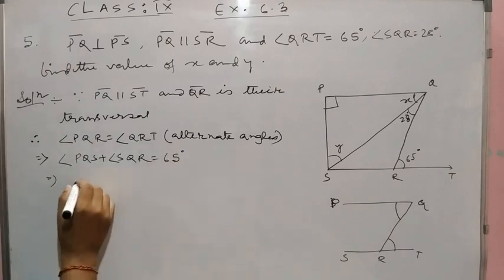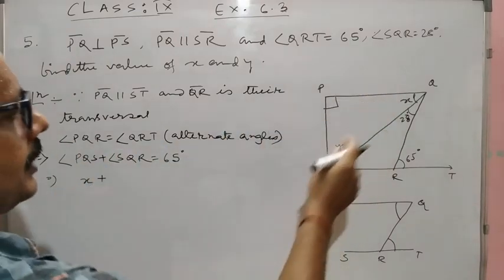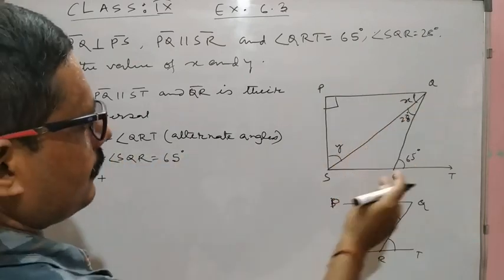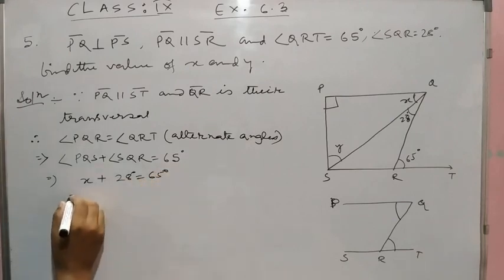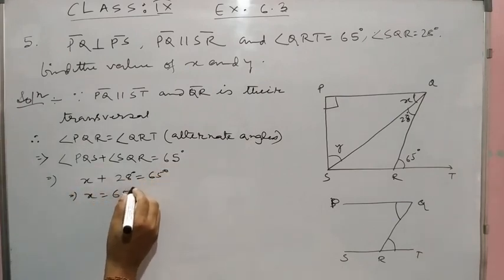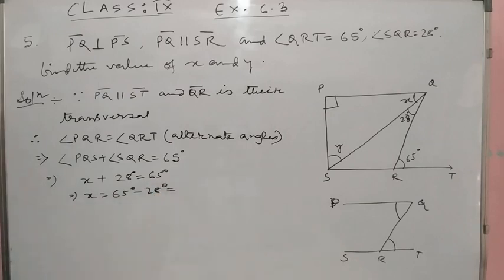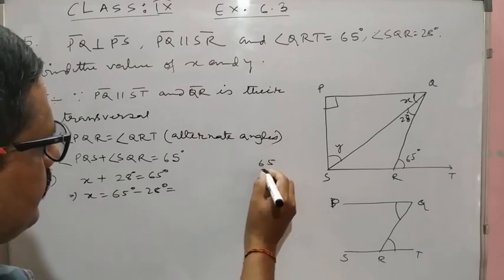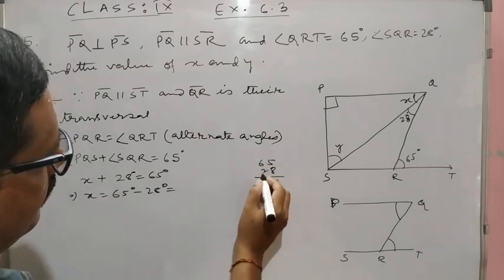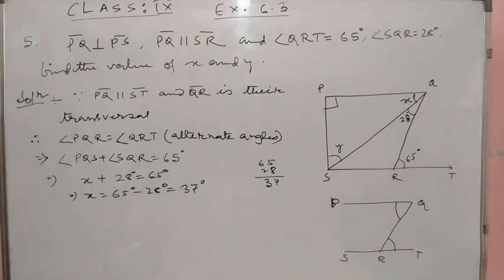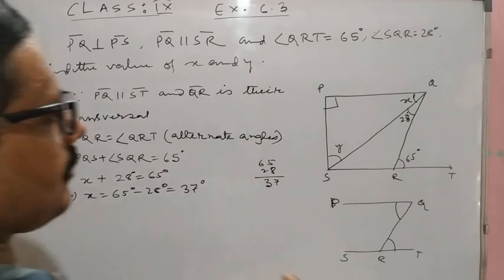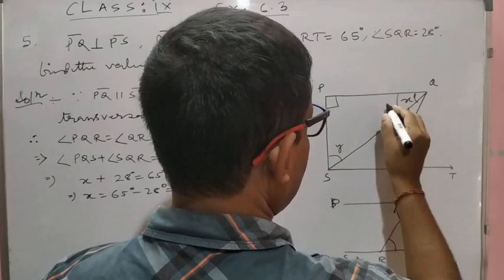This implies PQS equals X, SQR equals 28 degrees, and 65 degrees. So X equals 65 degrees minus 28 degrees. On subtraction we get 37 degrees. So we got X equal to 37.